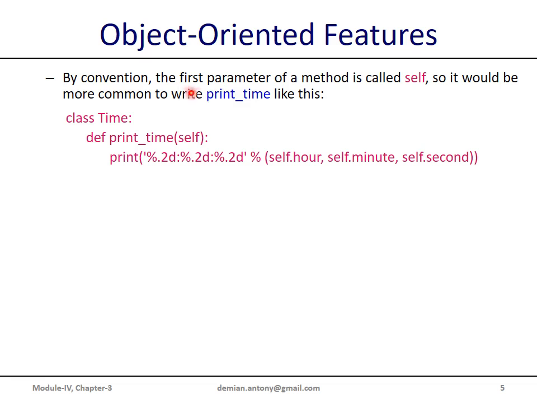So by convention, the first parameter of a method is also called self. Self refers to the object on which the method is invoked. Always we have to specify this parameter self to represent the subject. So let us rewrite this function print time. Define print time self, and the body remains the same.